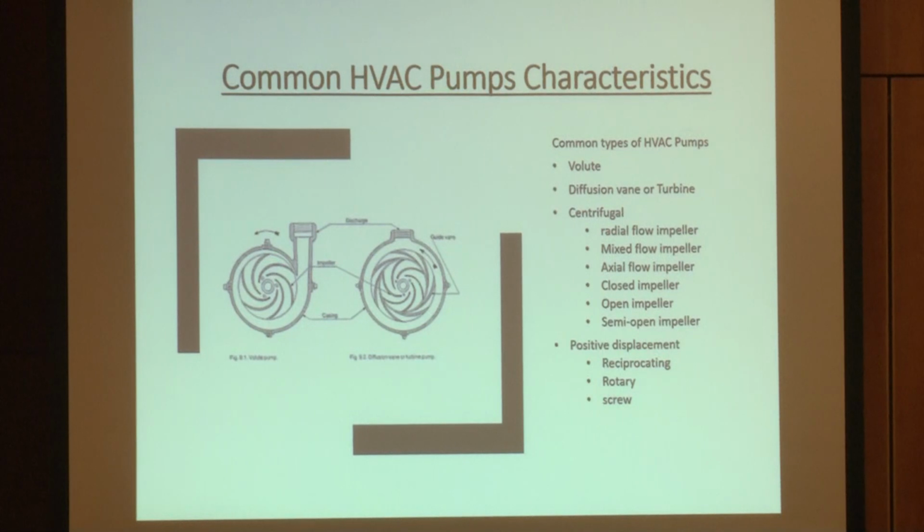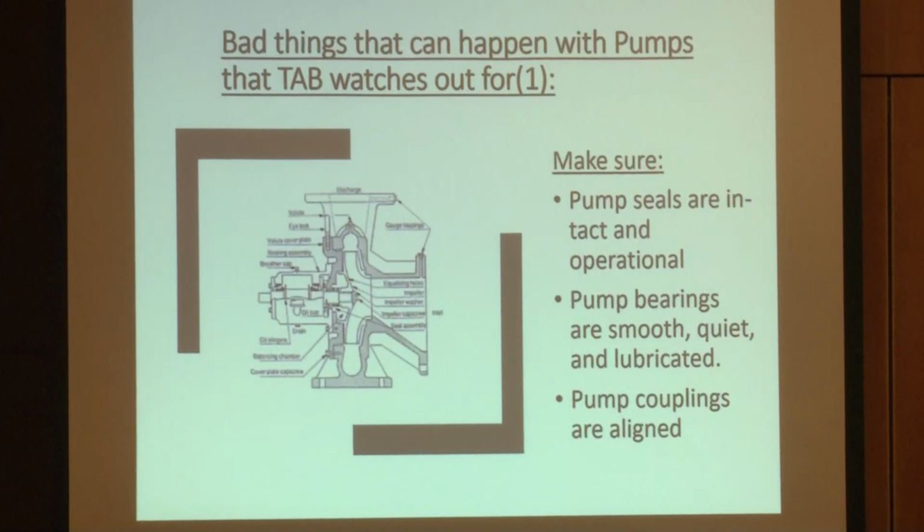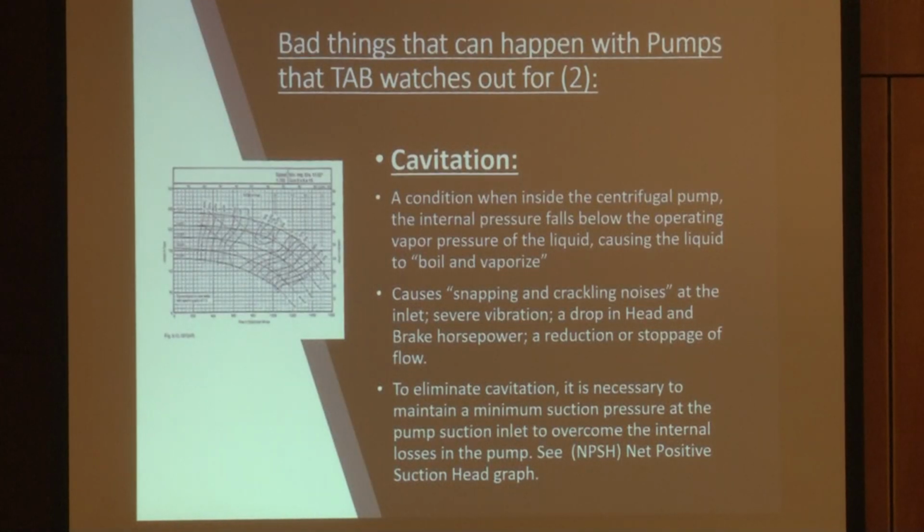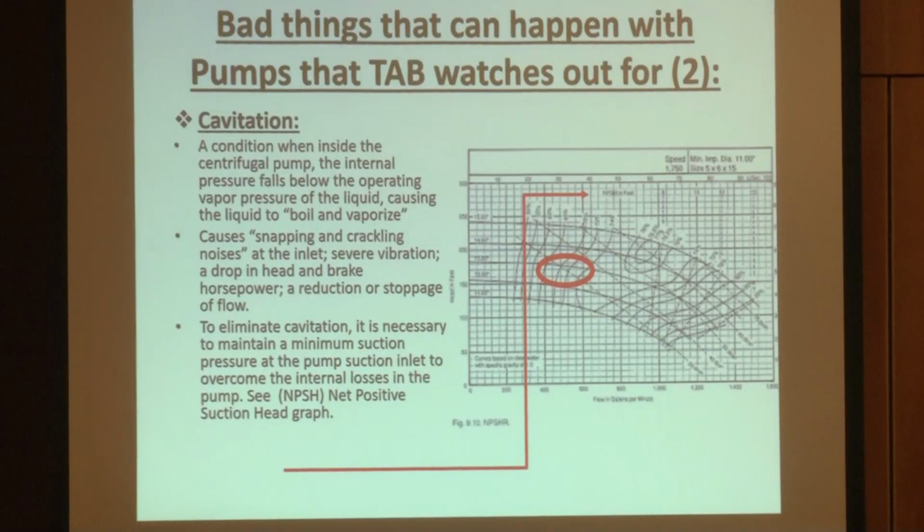Here are some very common HVAC pump characteristics shown here. Bad things can happen with pumps if you don't design them or install them correctly. One of the worst things that can happen is cavitation. Cavitation happens and then you get a lot of bad action, right?